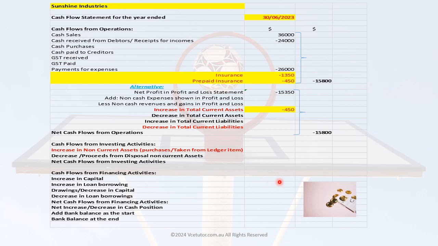So what if there is an increase in capital? The cash comes in, so we have to enter a positive amount. What if we have got an increase in loan borrowing? Money comes in, that's a positive. What if the owner has taken money out of the business, drawings? Cash outflow should be minus. What if there is a decrease in loan?